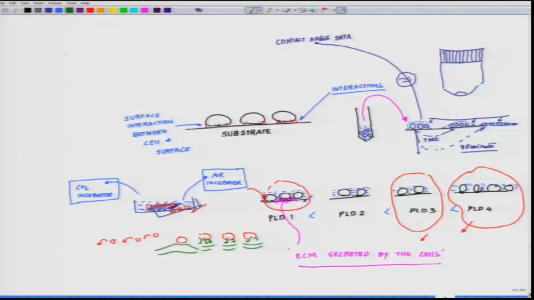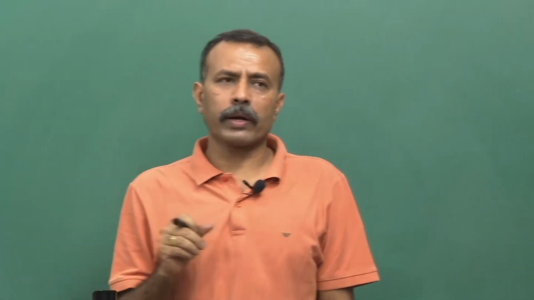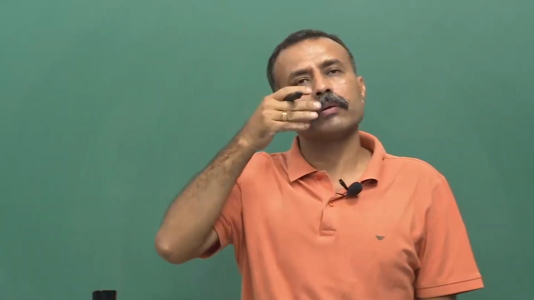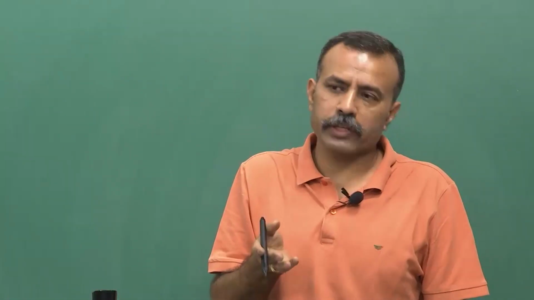So these are some of the emerging technologies, like lab on a chip and cell-based biosensors. All these things will require a very, very thorough surface analysis before one can really translate these technologies to the industry-grade level of drug screening and other things.